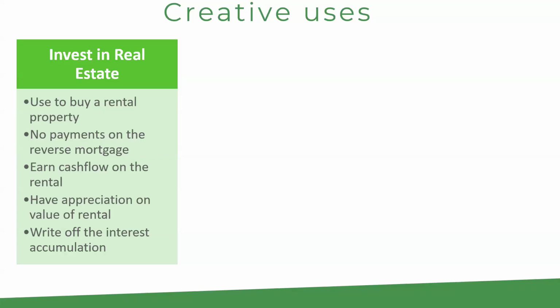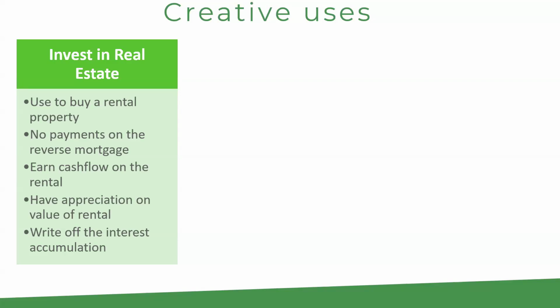You also, if you bought a rental property, you'd have appreciation on the rental property. And here's one of the cool things. And of course, I recommend that you talk to an accountant to verify this information and make sure it applies to you too. But interest is still accruing on that mortgage. You're not paying a payment on it, but the interest still accrues. And if you've borrowed the money to invest, then the interest portion of the payments is usually tax deductible.